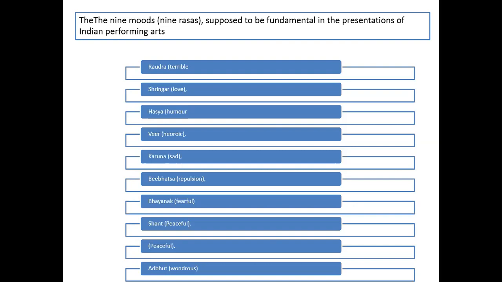And here again, there is a concept map. These nine moods are Raudra, that is terrible, Shringar, love, Hasya, humor, Veer, that is heroic, Karuna, that is sadness, Bibhatsa, that is repulsion or hatred, Bhayanak, that is fearful, Shant, that is peaceful, and Adbhut, that is wondrous.